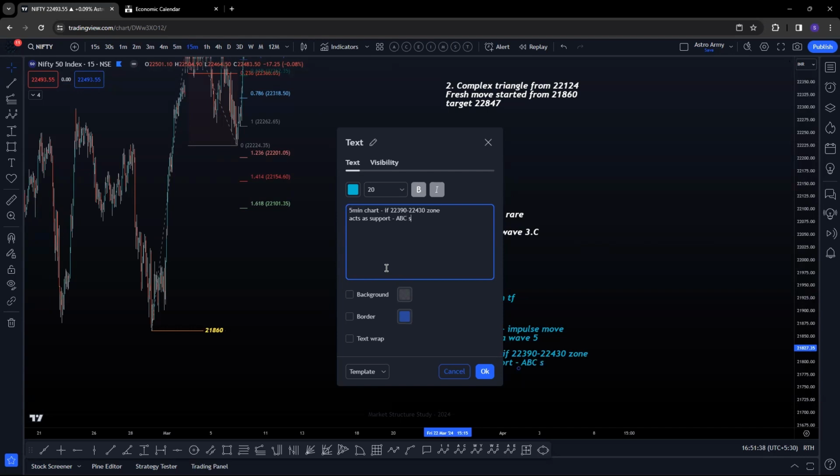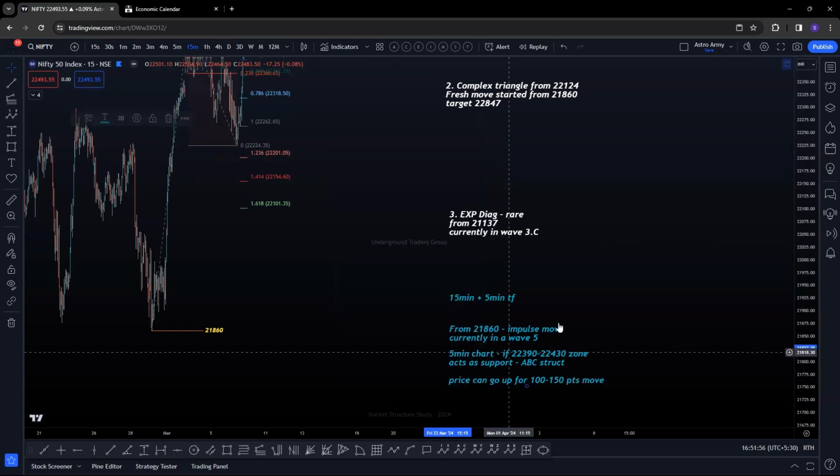A, B, C structure, right? Price will go higher, can go up for a 100 to 150 points move, right?